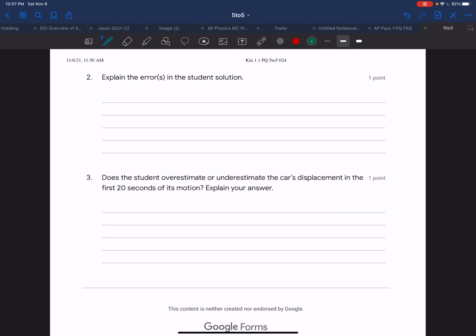The errors are the student incorrectly identifies, notice there's error or errors, the region whose area should be calculated.